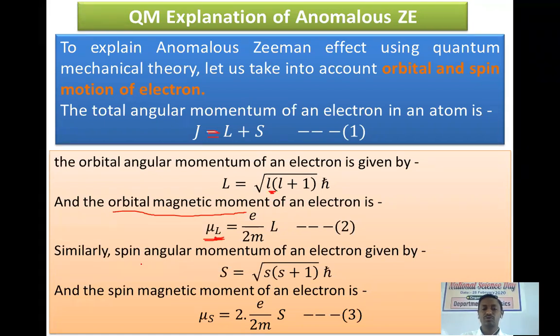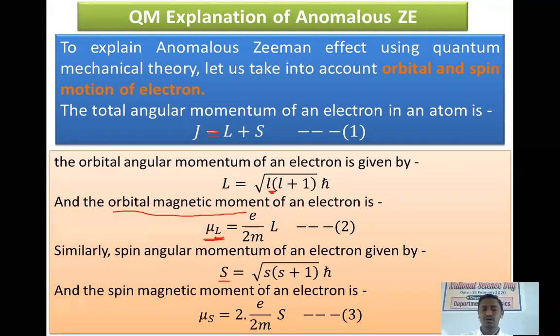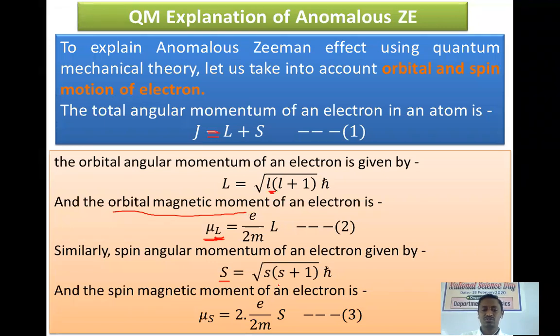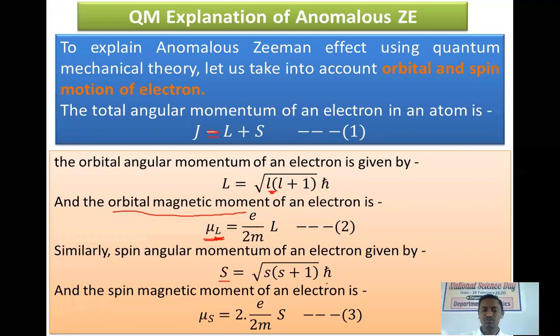Similarly, the spin angular momentum can be calculated for the electron as capital S equals the square root of small s into (small s plus 1), times h-cross. Again, from capital S we can calculate the spin magnetic moment, denoted by mu S, equal to 2 times e by 2m times capital S. The number 2 is put because two kinds of spin motions are possible, clockwise and anti-clockwise, whereas the orbital motion has a single direction.